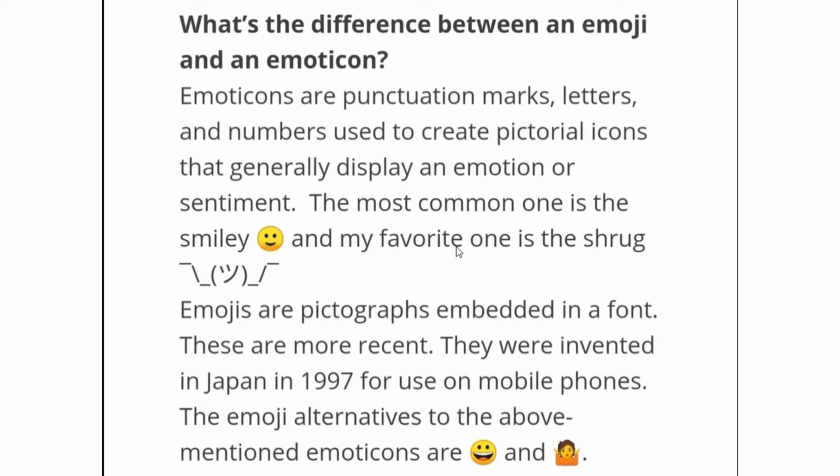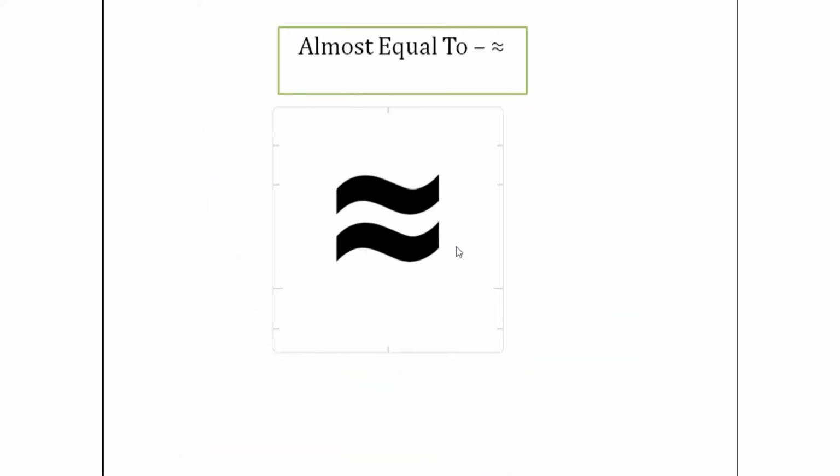Now we will proceed further and learn the different signs which we use in our daily life, but hardly we know the proper name of that sign. So the first one is almost equal to. This sign is called almost equal to.